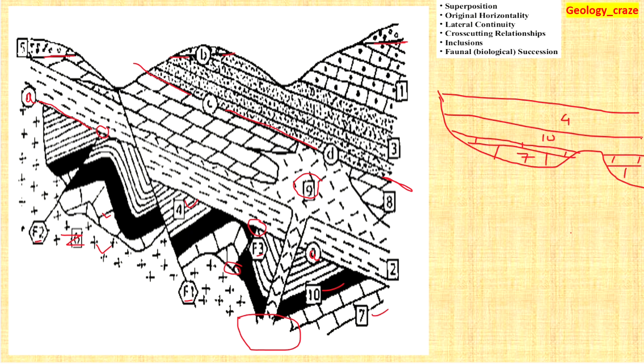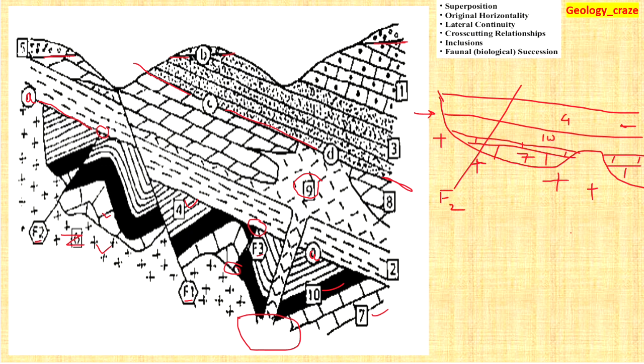Now I put compression from this side and compression from this side. Then the folding took place. Now the folding took place, and after the folding, faulting also took place. I put one fault here, that is fault F2.